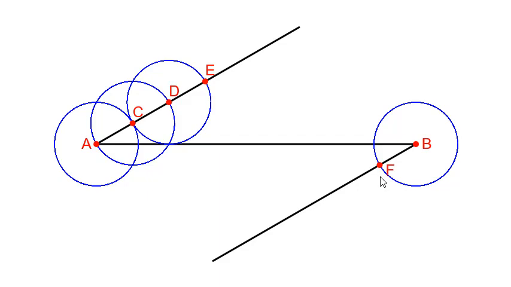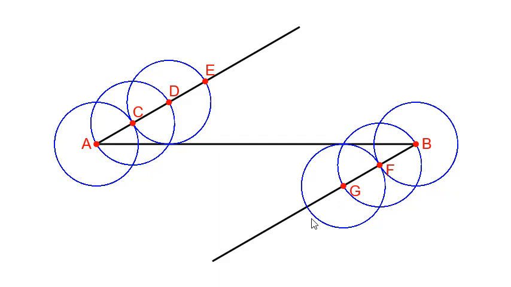Point F, we will draw a circle, same radius, centered around that point. Okay, again, we will mark this point of interception. Point G, draw a circle centered around that point. Okay, and finally, we'll mark that point of intersection H. Okay, so our construction is largely complete now.